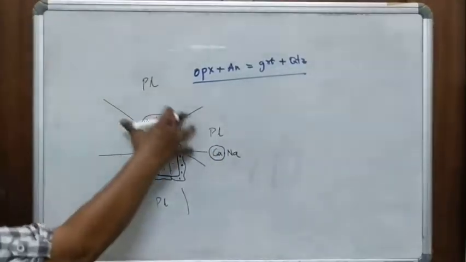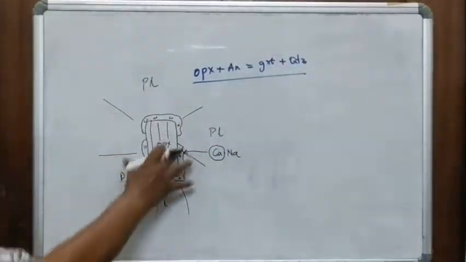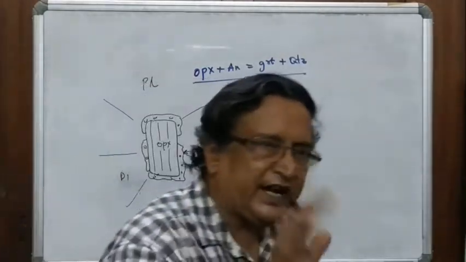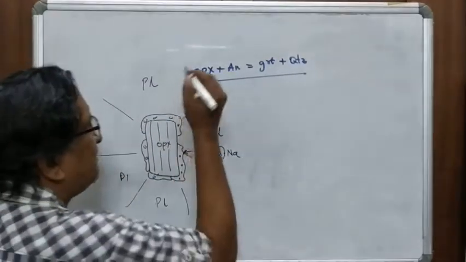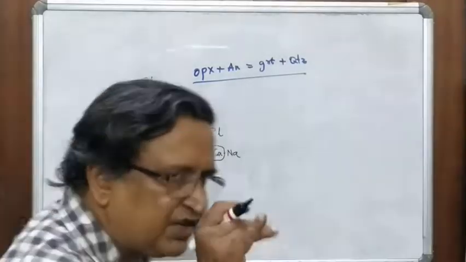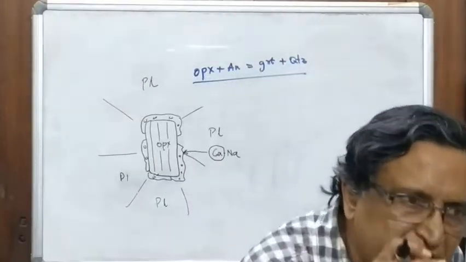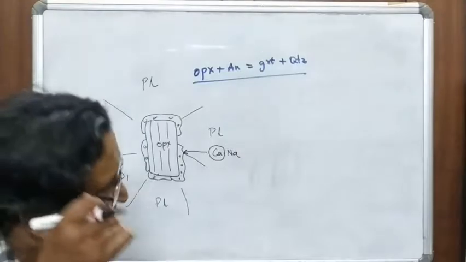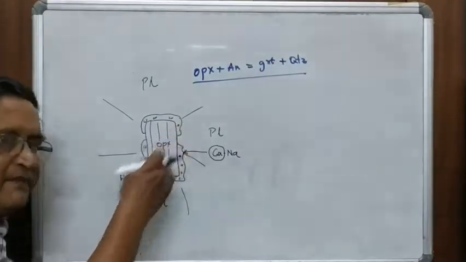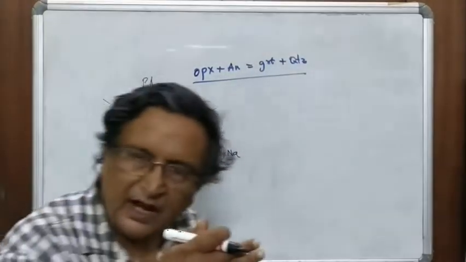So in this plagioclase, in this space around orthopyroxene, two things are happening. One, the proportion of plagioclase is decreasing. And two, the composition of the remnant plagioclase changes. Have you understood?